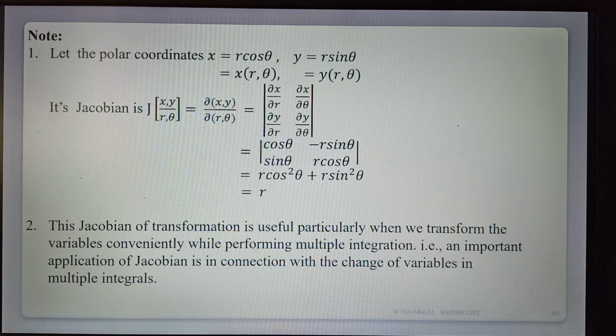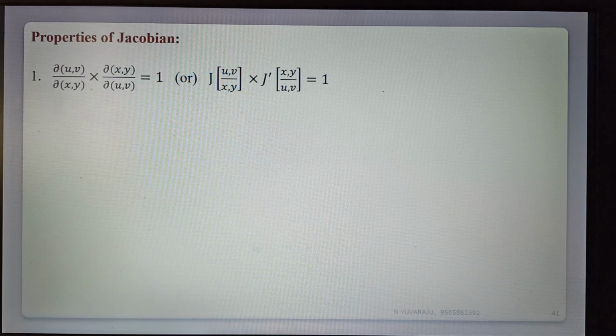See the next one. Properties of Jacobian. First, given the variables u and v, where u and v are functions of x y, take the Jacobian of u comma v with respect to x comma y, and multiply it by the reverse Jacobian, the Jacobian of x and y with respect to u comma v.